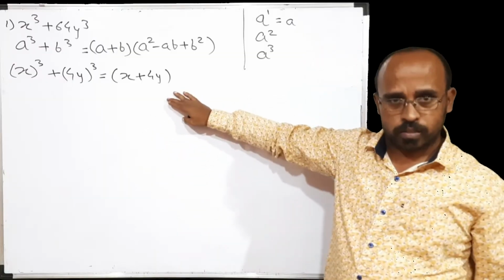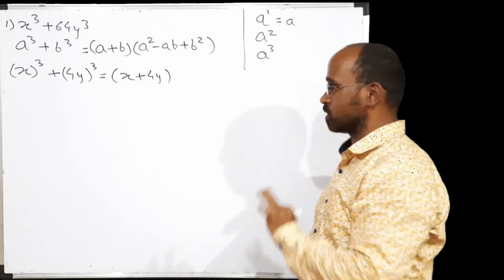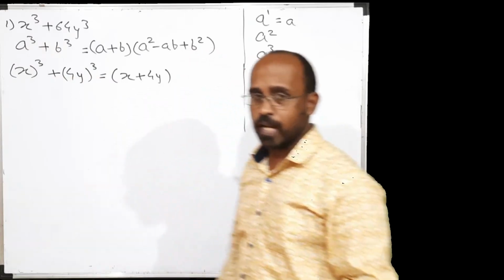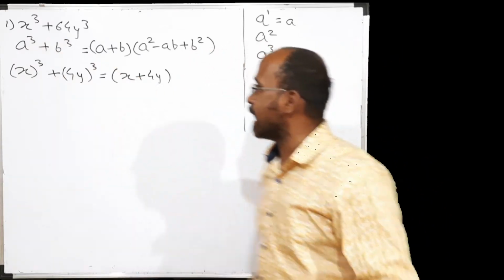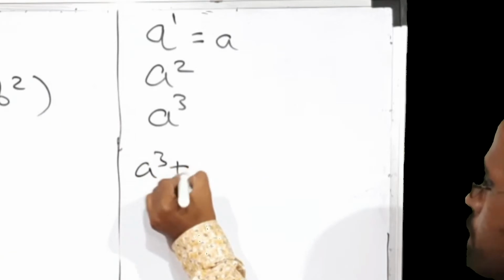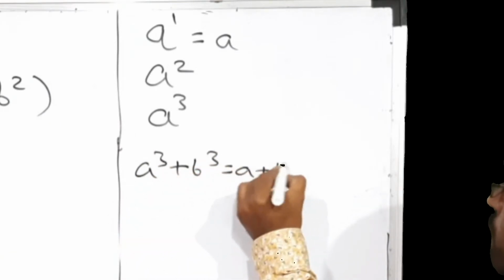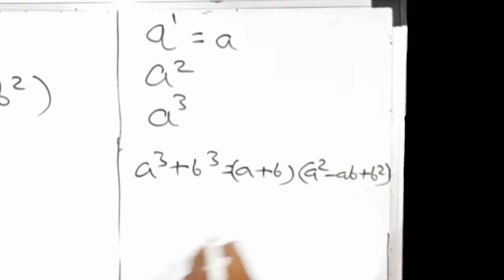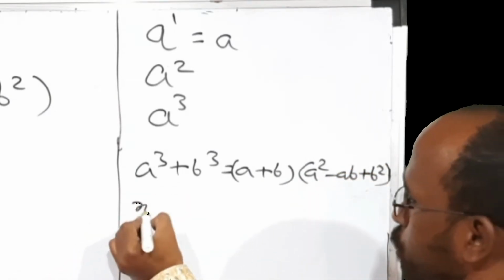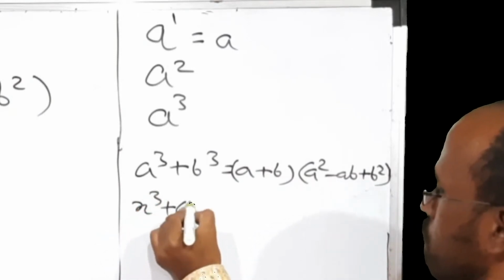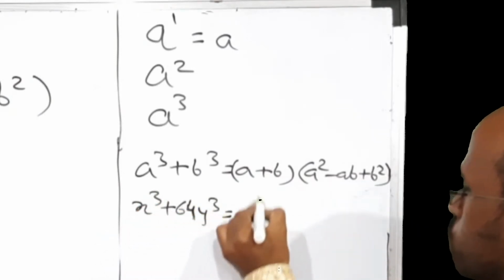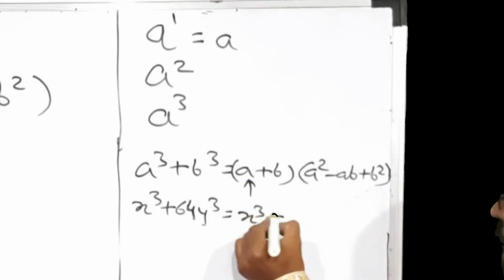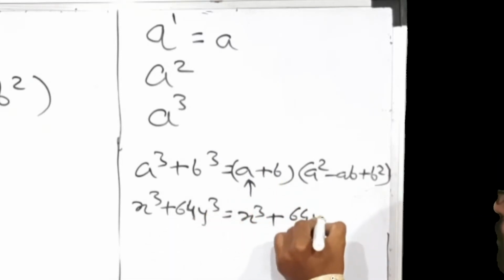Why have I explained all this? Because few students are making one mistake. What are they doing? They are using the given expression at the place of a and b. How are they writing? Suppose a cube plus b cube is equal to a plus b, in the second bracket a square minus ab plus b square, then x cube plus 64y cube is equal to, at the place of a they are writing x cube, at the place of b they are writing 64y cube.